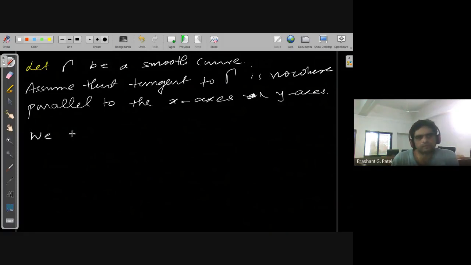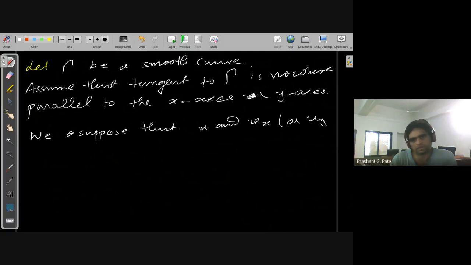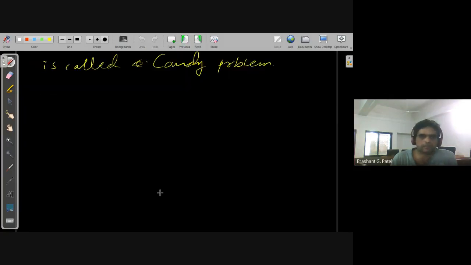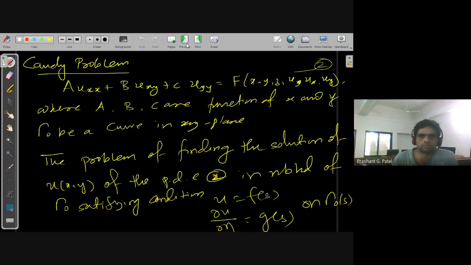We suppose that u, ux or uy, whatever the situation is, are prescribed along gamma. That means the value of either u or ux or uy, as per this Cauchy problem, is defined on gamma.